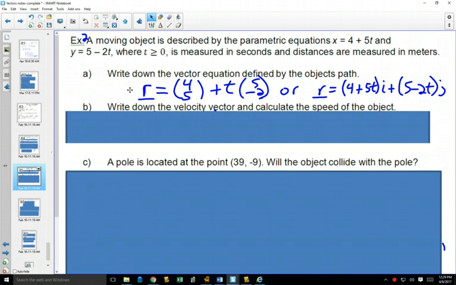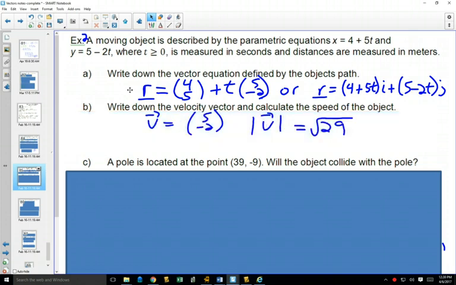And then our velocity vector is the 5, negative 2. So if we find the length of our velocity vector, that'll be our speed. Root 29, if we wanted to put our units here, it's meters per second.